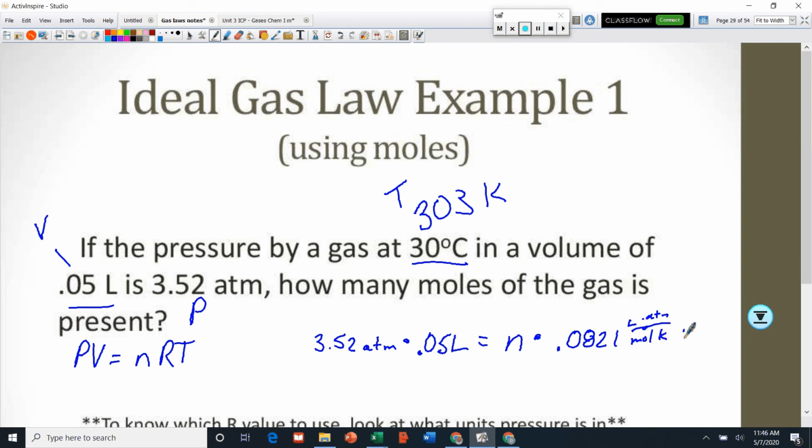And then we're going to multiply that by 303 Kelvin. So what we see right away is that Kelvin disappears, leaving us with liters atmospheres over mole.